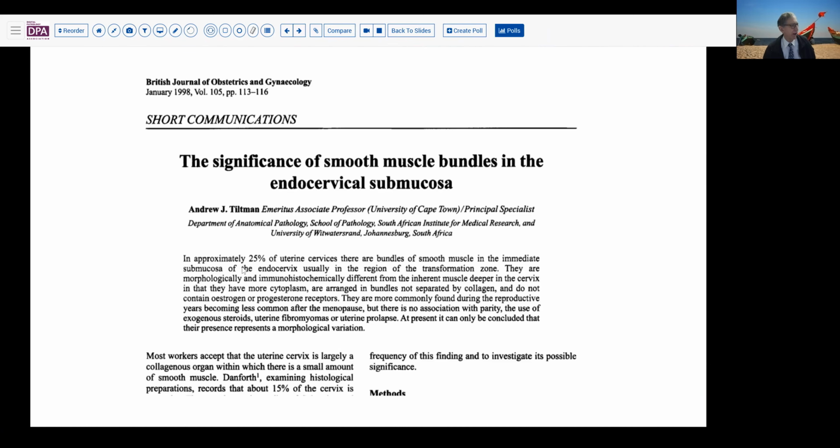In fact, he found it in up to 25% of the cervices. Some of them were just those little isolated bundles, such as I initially showed you, but a few of them, up to 4 or 5%, had a more generalized proliferation or extension of this change within the lamina propria, the submucosa, the subepithelial tissues of the cervix, much as we've described here.